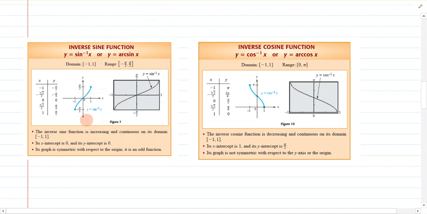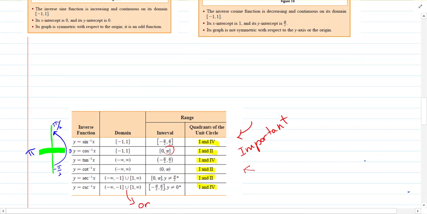The range is from -pi/2 up to pi/2, and the x-intercept is at 0, and its domain is from -1 to 1. So it's just this little piece here. Same way with cosine, except it goes the opposite direction. So keep that in mind as we move forward.